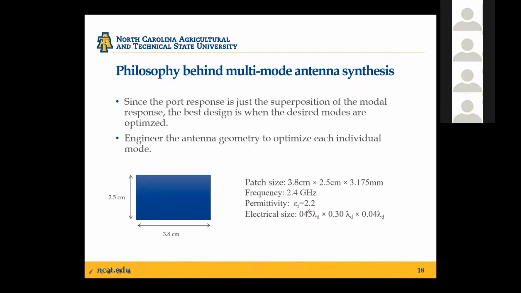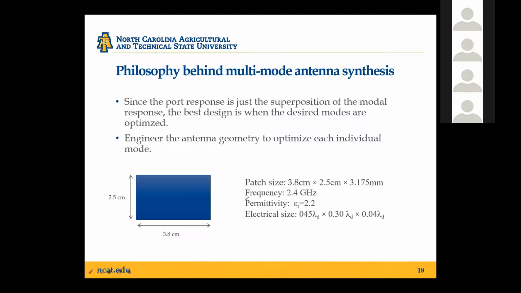In this case, we took an electrically small rectangular patch as our example. We picked a rectangular patch because we purposely tried to introduce some arbitrariness to this synthesis. You could have picked a square patch to make your life easier, but in this case, I picked a rectangular patch.